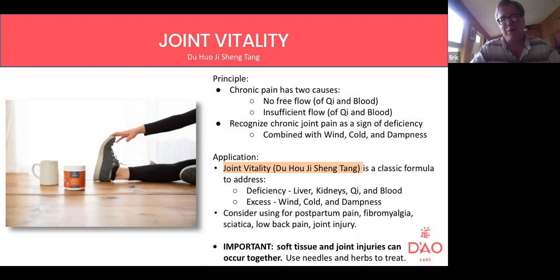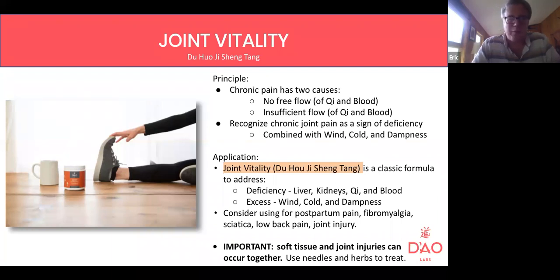But he also does have some arthritis in the vertebrae and those vertebral joints as well, and that's been confirmed by X-ray and things like that. So that's a patient where I've used both acupuncture and herbal medicine to treat.